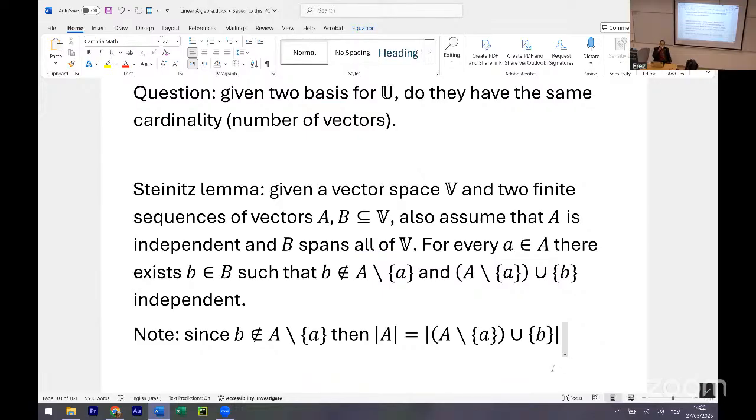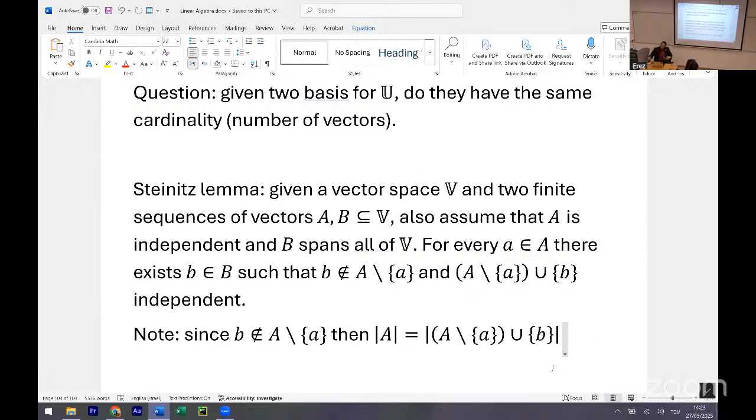Yes, Thomas. What does it mean for a vector to be in a sequence of vectors? You can have two different sets of vectors that have the same span, even if their elements are different. That's exactly the point. A and B could be very different. They could be mutually exclusive, with no single vector in both, but still they are all within the same vector space.